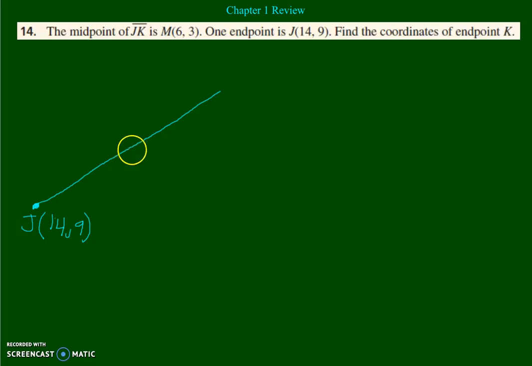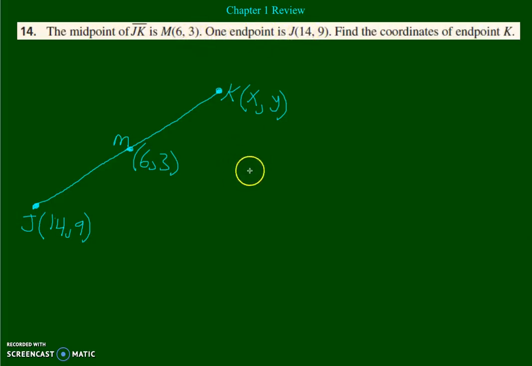And our midpoint will be here, and that's M, and that coordinate is going to be (6, 3). And this point is the endpoint we're looking for, K. We don't know what coordinate it is, so we're just going to call this (X, Y).